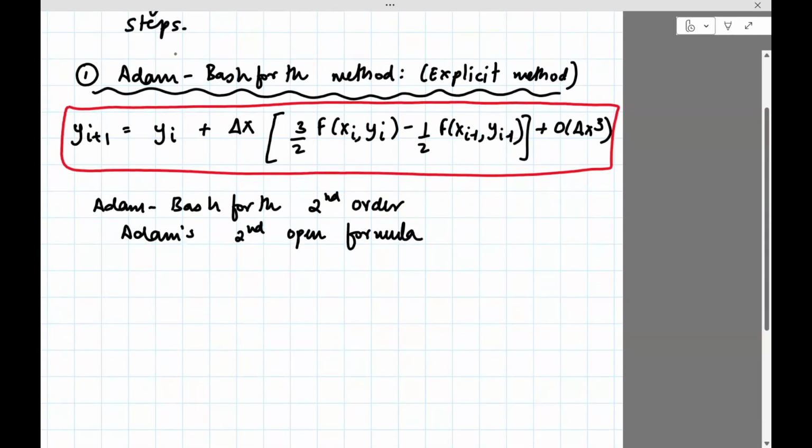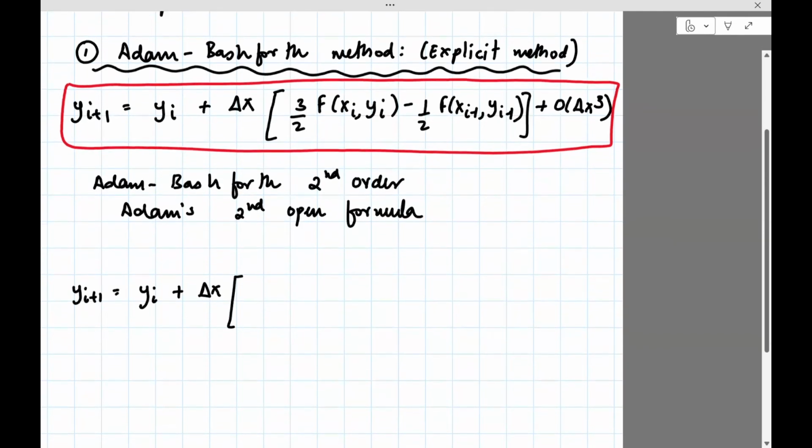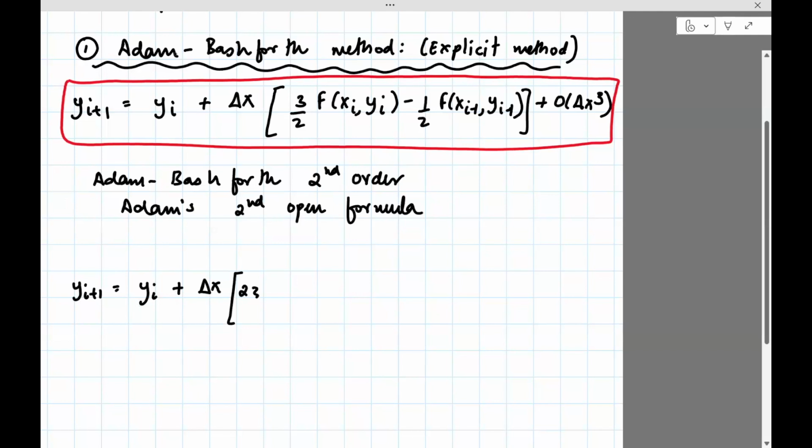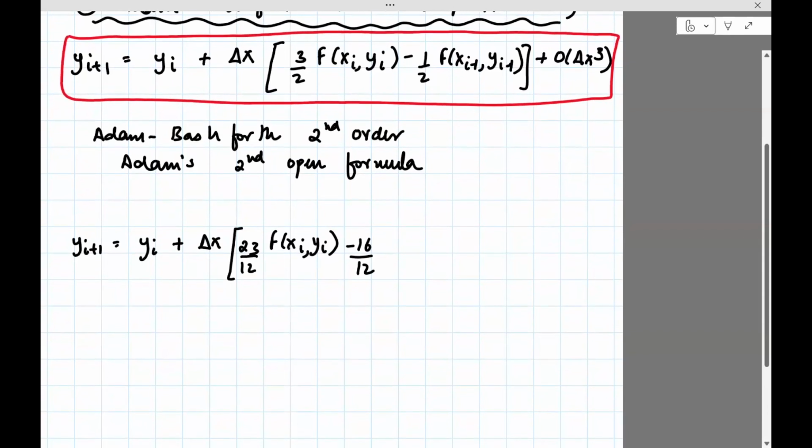Let me just continue writing this for another variant of this, which is more accurate. It actually uses more than one value of f. So more than 2 values of f. So 23 divided by 12 f of xi, yi, minus 16 divided by 12. Okay, there's a reason why I don't simplify the 16 by 12.